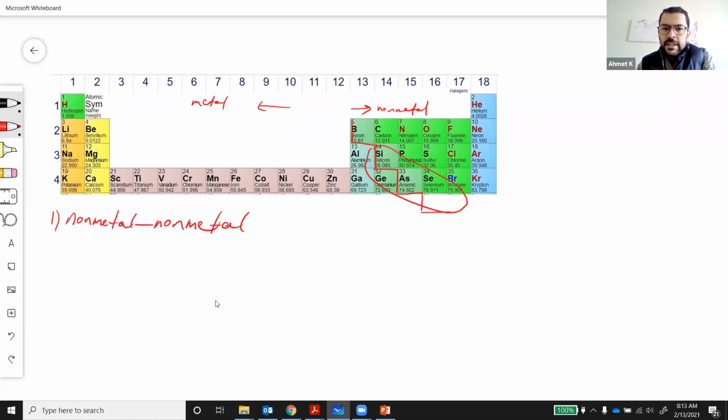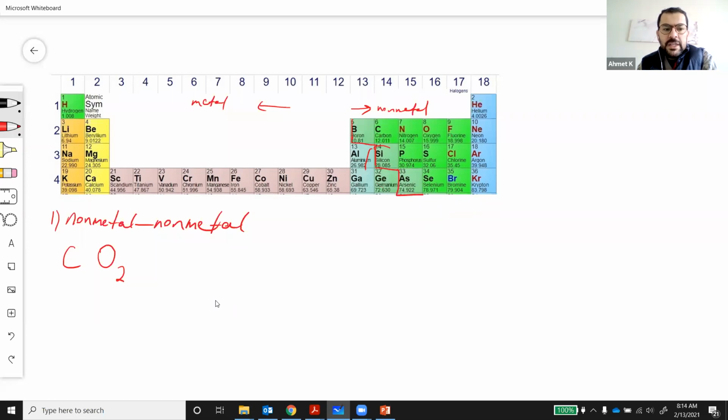Let's say the first one is carbon and the second one is oxygen. Obviously, we are not just calling it carbon oxygen. So how are we going to name it? This is how we name it if you have a non-metal to non-metal.